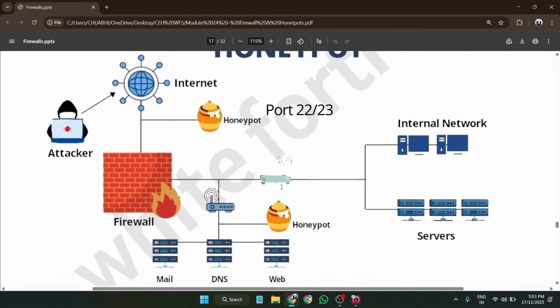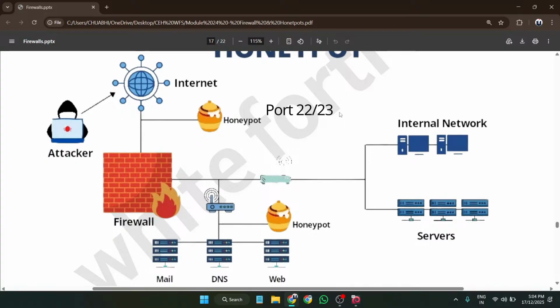So what do we do as an ethical hacker when we want to attempt a cyber attack on a particular organization or a website? First of all, we do port scanning. For example, the attacker is doing port scanning and finds some very interesting ports, 22 and 23.